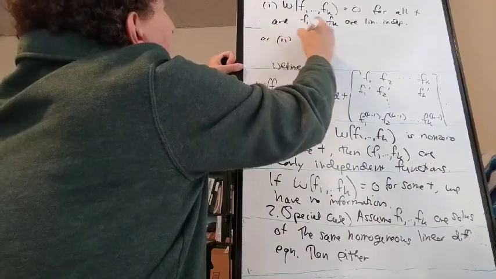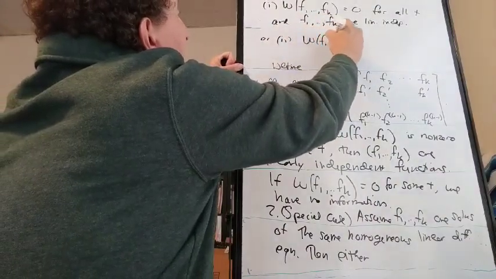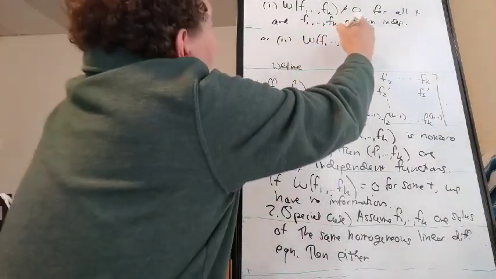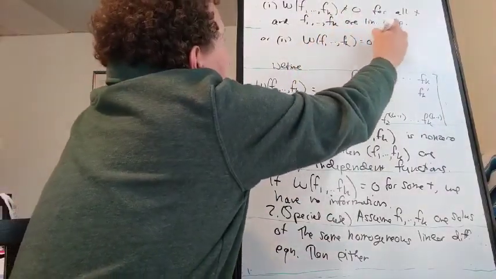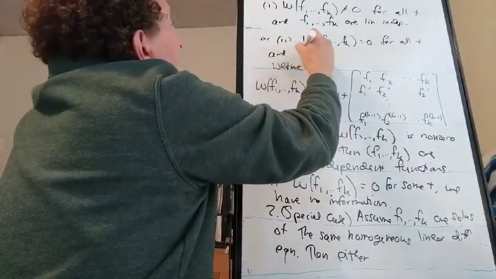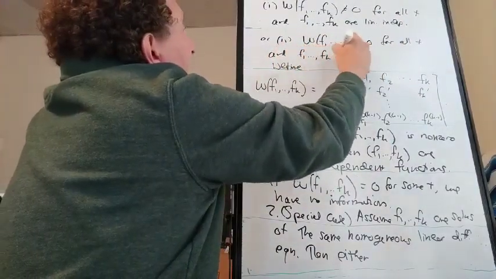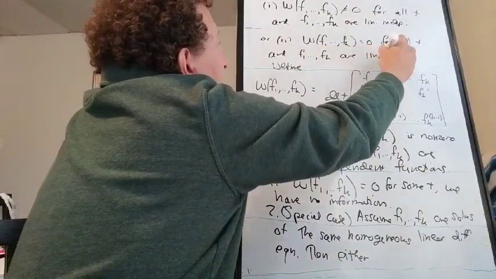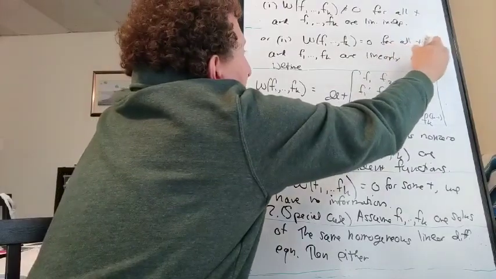Or two, the Wronskian equals 0 for all t, and f1 through fk are linearly dependent.